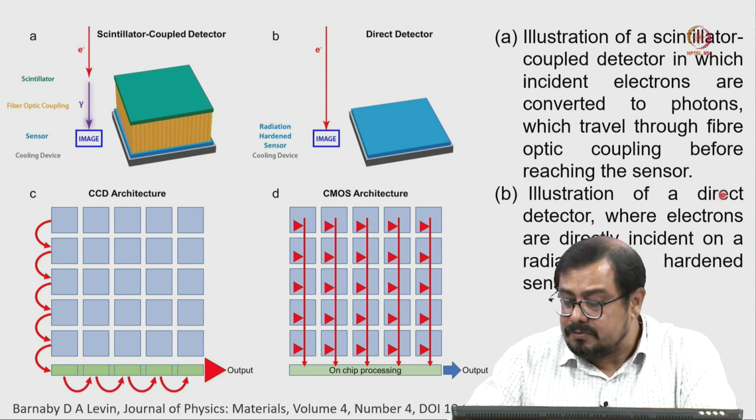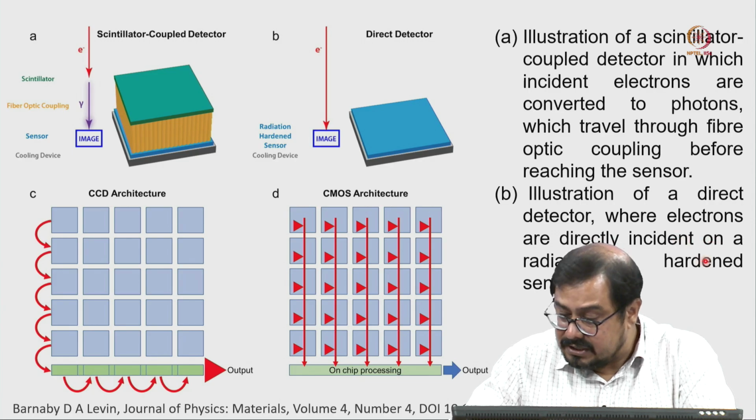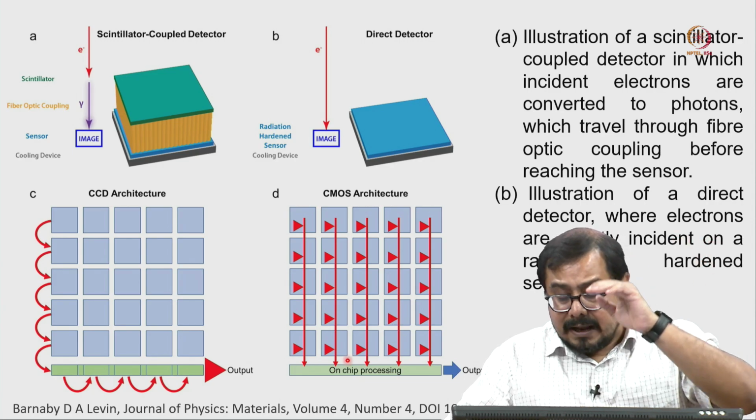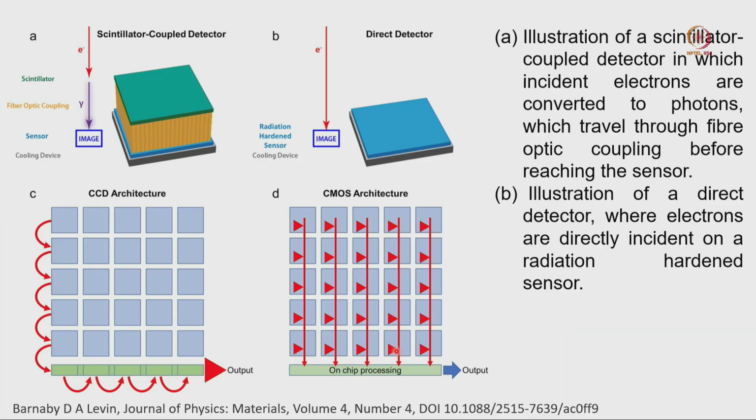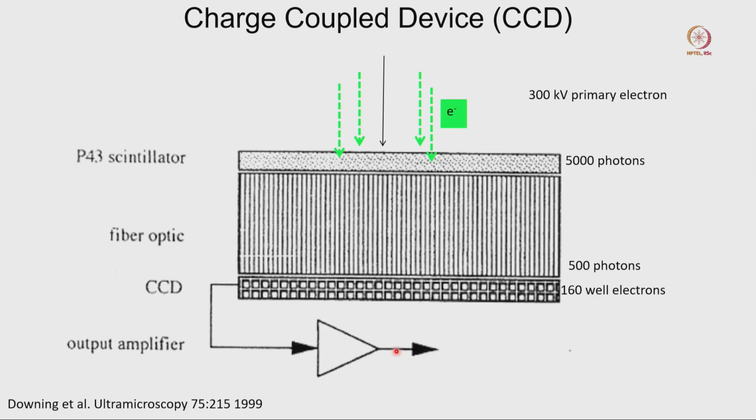Then there is the illustration of the direct detector, where electrons are directly incident on the sensor and recorded. These are the two major differences between the direct detector and the normal charge coupled device.